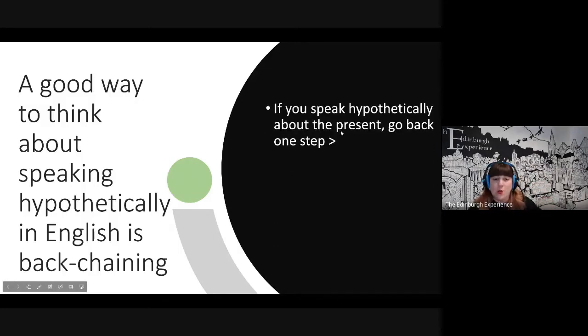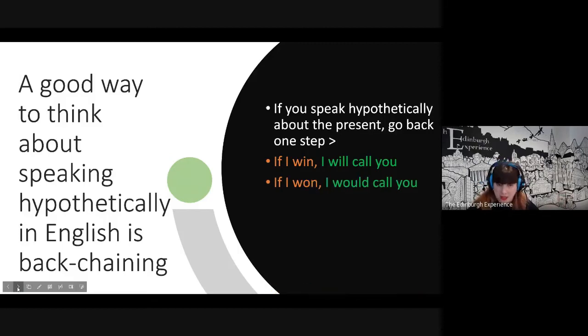So if I want to speak hypothetically about the present, I'm going to go back one step in time to express that hypothetical situation. So for example, if I win, I'll call you. That's a possible or likely situation. If I want to make that hypothetical, I take a step back in time and I change it into past. So if I won, I would call you. And now with that step backwards, I've made it hypothetical.